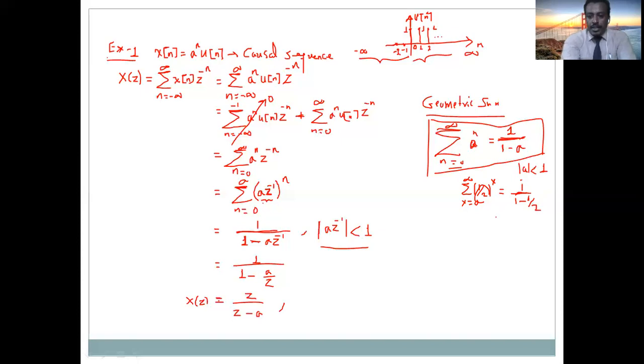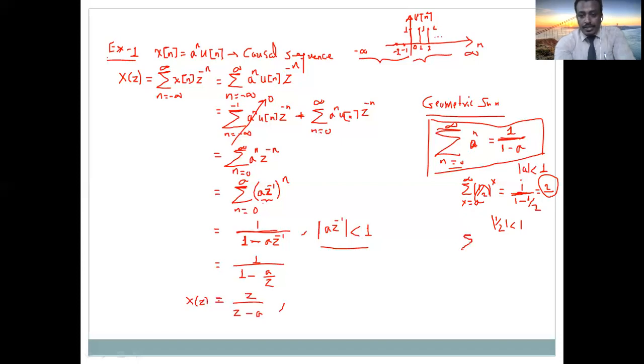Why? Because half is less than 1, so the summation converges. So it's 1 divided by 1 minus half, which is 2 divided by 2 minus 1, so it will be 2.